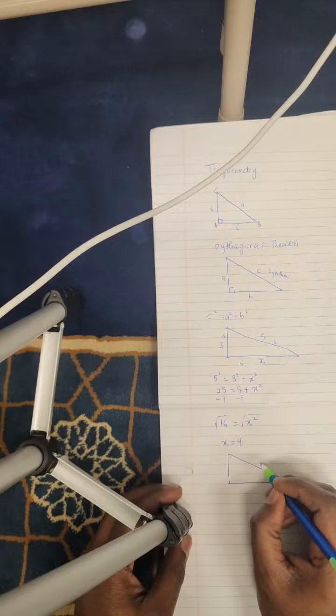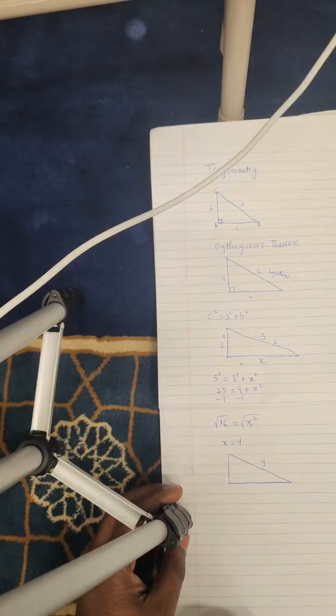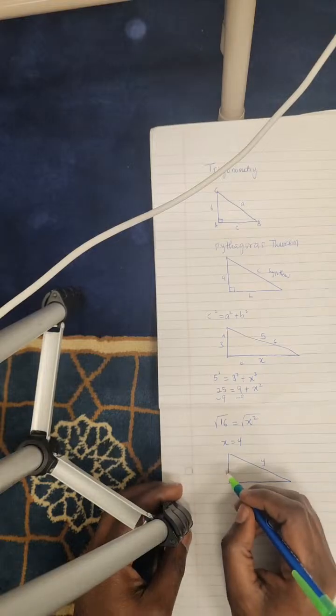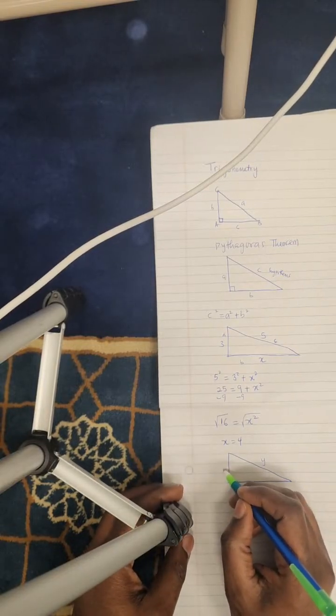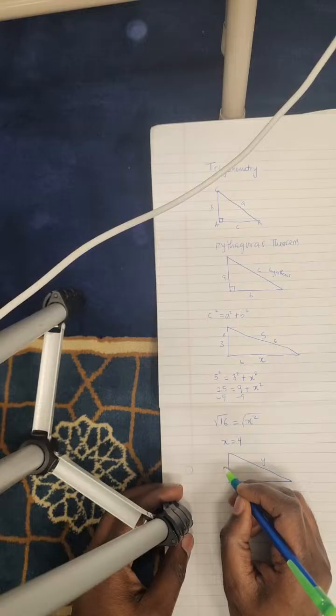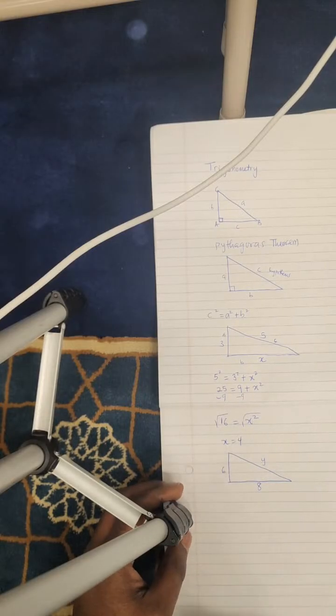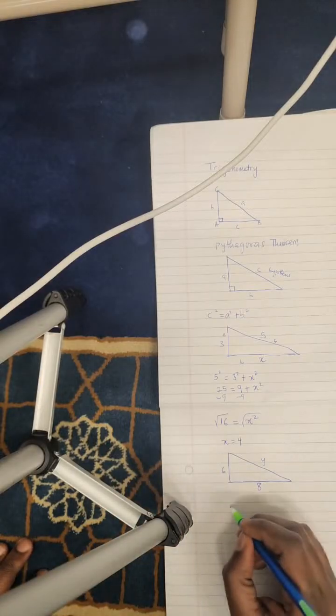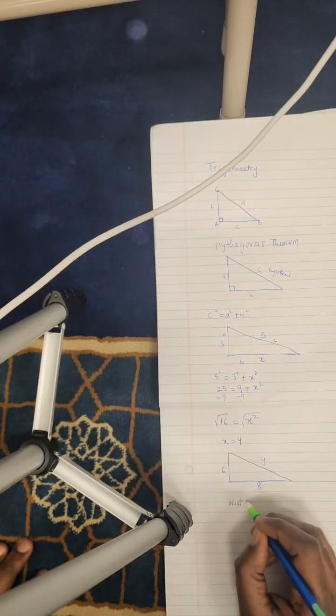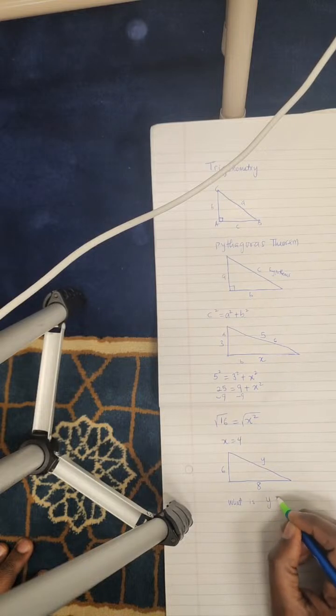Here we have this to be y, and here we have this to be, let's say, 6, and we have this to be 8. Then what is y?